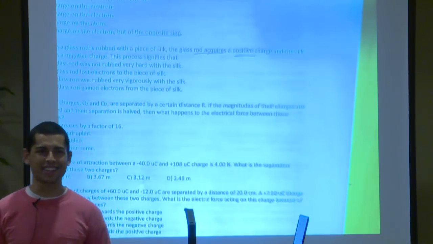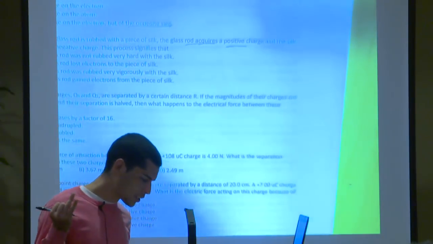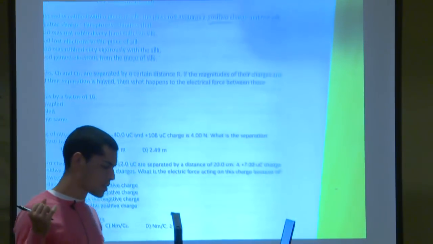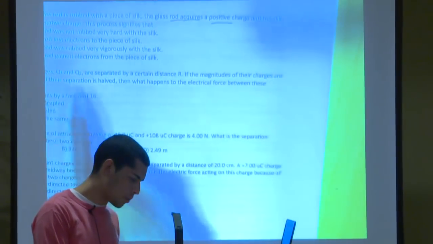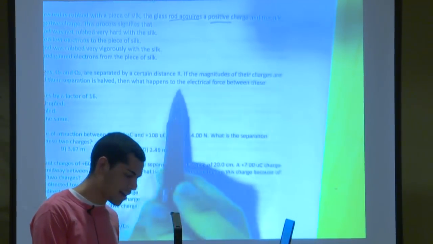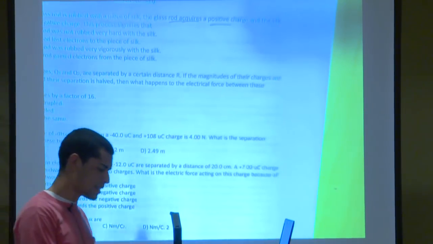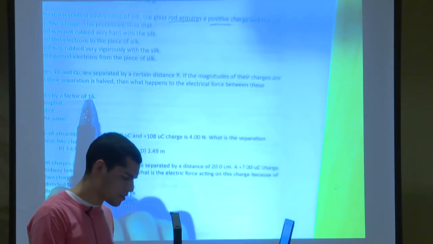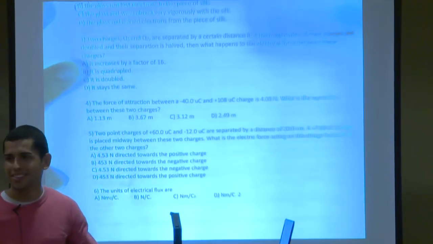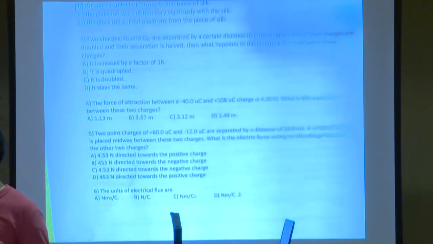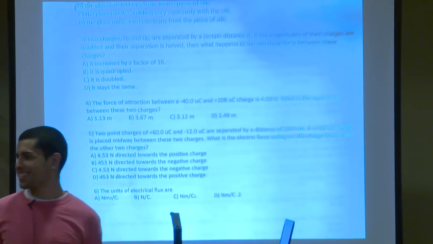But yeah. So yes, two charges Q1 and Q2 are separated by a certain distance r. If the magnitudes of their charges are doubled and their separation is halved, then what happens to the electrical force between these two charges?